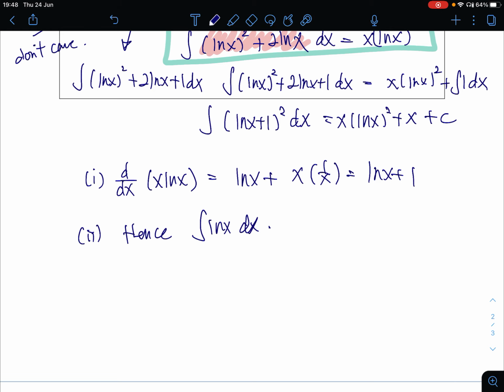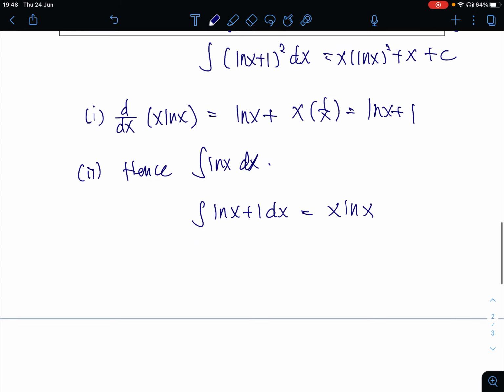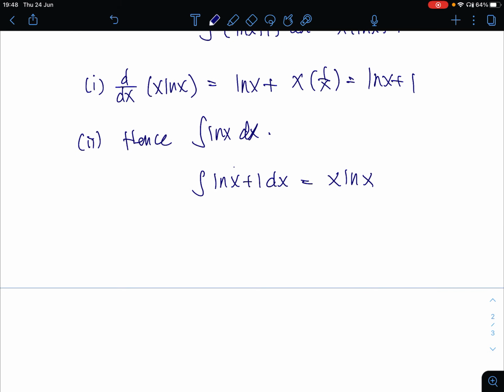So like I said just now, you don't care about part 2. Just reverse the part 1 first. So reverse the part 1 by writing your integrate of your answer equals to the question. Then you think of now how to change this to become the question in part 2. So I need to minus 1. So if I minus 1, I must minus 1 here. That means I will get x ln x minus x plus c.